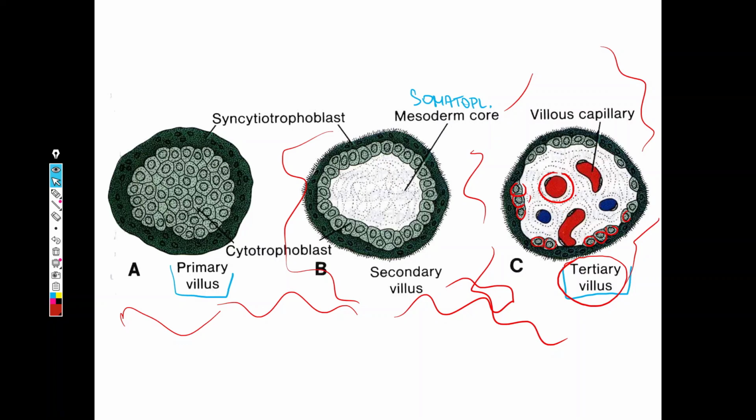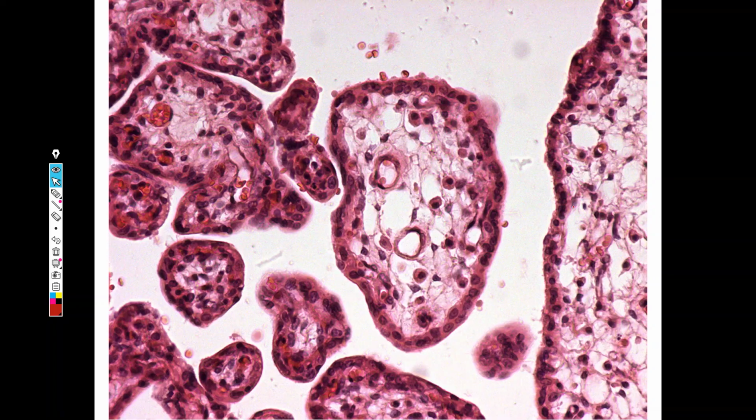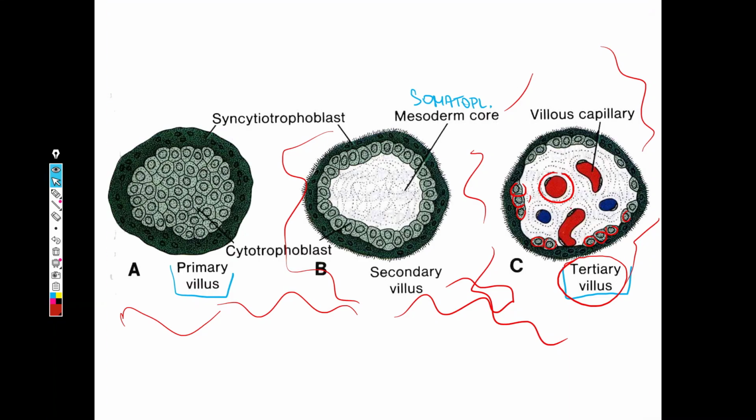And how do we form these vessels? I don't have a picture on that, but you're going to learn more about the formation of vessels in the cardiovascular system. But now you should know we have two basic processes. The first process is called vasculogenesis.